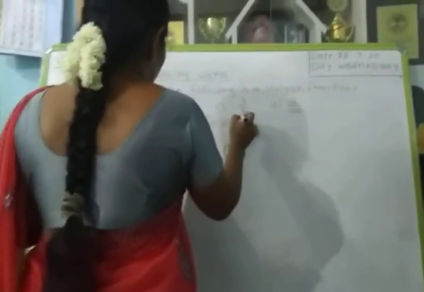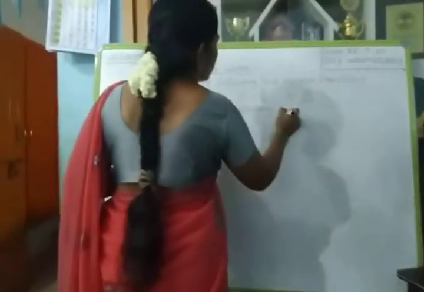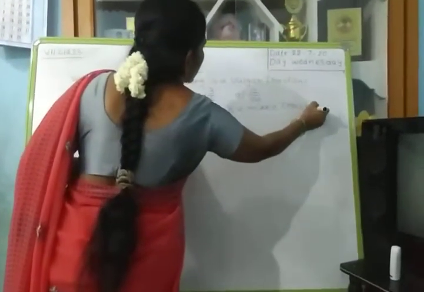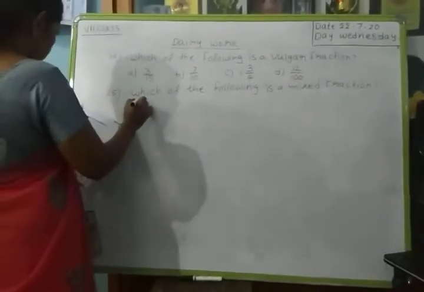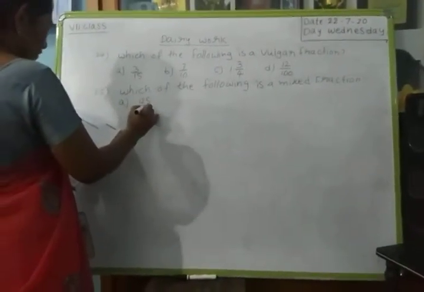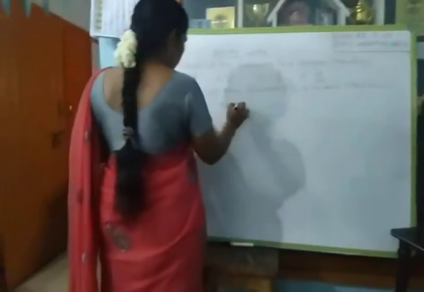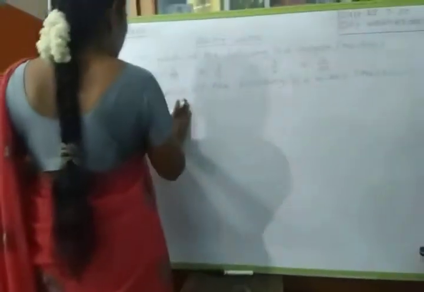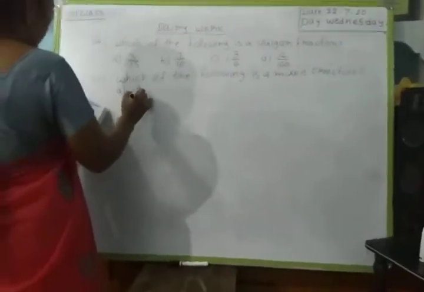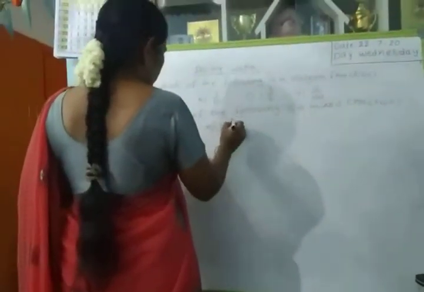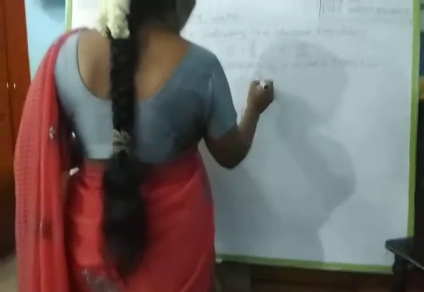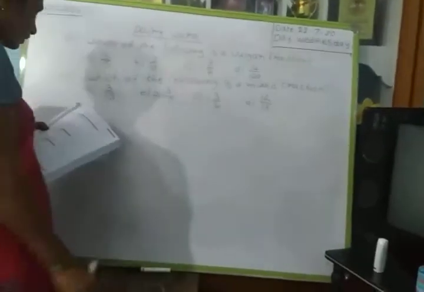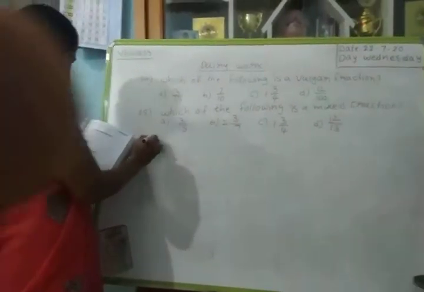Option A 3 by 15, B 2 3 by 7, C 1 3 by 4, D 12 by 13. 26th question.